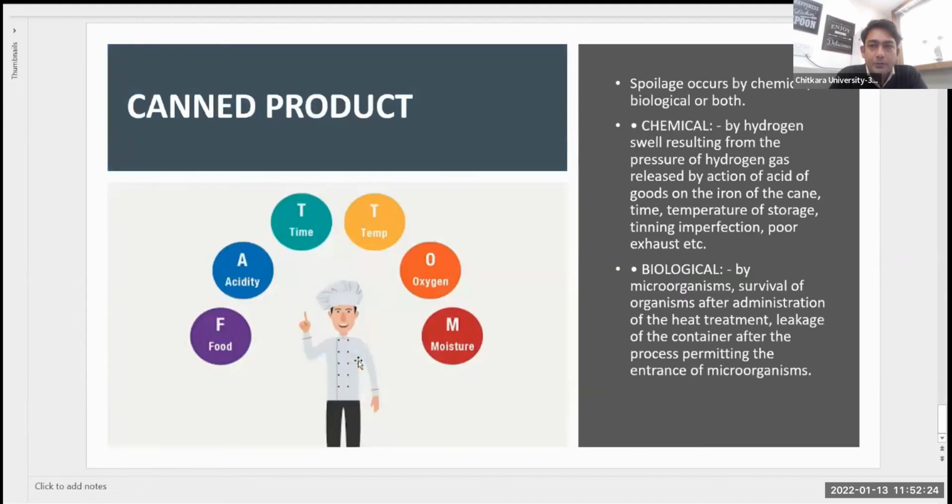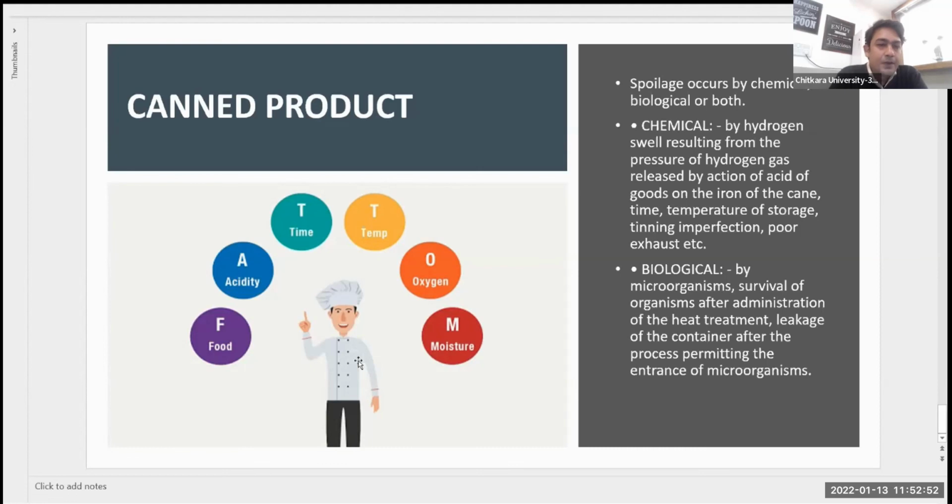Canned product spoilage occurs by chemical, biological, or both kinds of reactions, like hydrogen swell resulting from the pressure of hydrogen gas released by the action of acid of the goods on the iron of the can, time and temperature of storage, tinning imperfection, poor exhaust, etc. Biological changes may happen by microorganisms, from survival of organisms after the heat treatment.